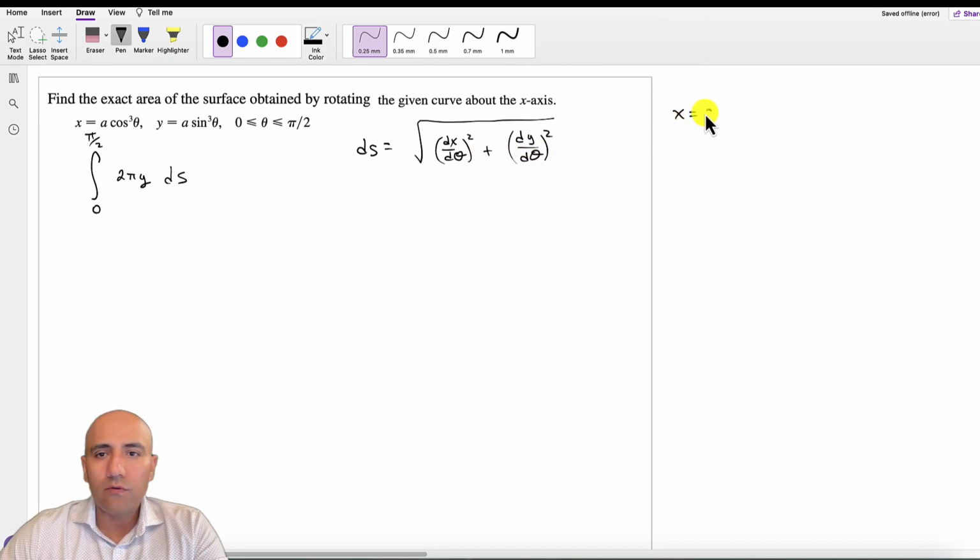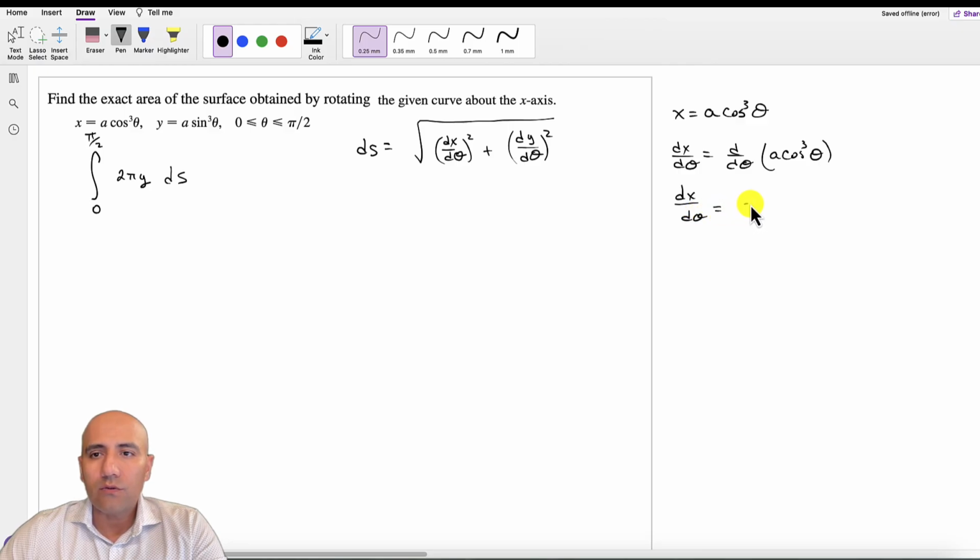x equals a cosine cubed theta. So dx d theta is the derivative with respect to theta of a cosine cubed theta, which is 3a cosine squared theta times the derivative of the inside part using the chain rule, which is negative sine theta.